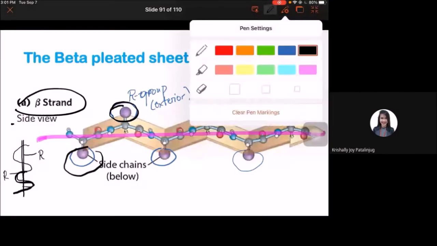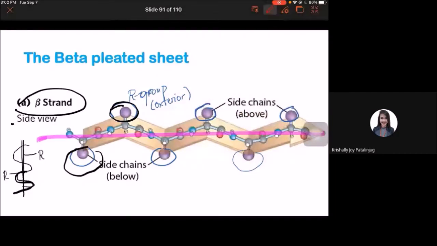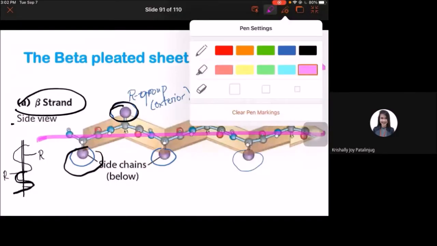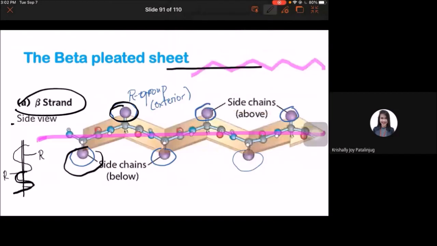Okay. Mali po. It is actually perpendicular pa rin. Tingnan ulit yung structure. Nakahiga lang po yung polypeptide chain ng beta pleated sheet, di ba? Kumbaga yung axis of rotation, itong kulay black. So, pahiga. Saan yung R groups?